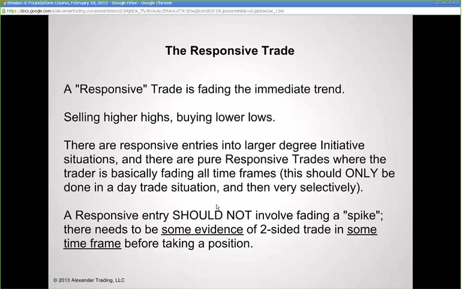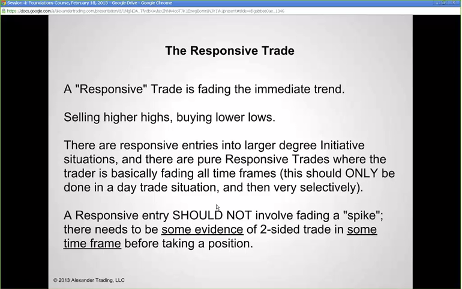Now, the pure responsive trade is a trade where you think you're identifying a range, and you're selling the upper part of the range, and you're buying back the lower part of the range.